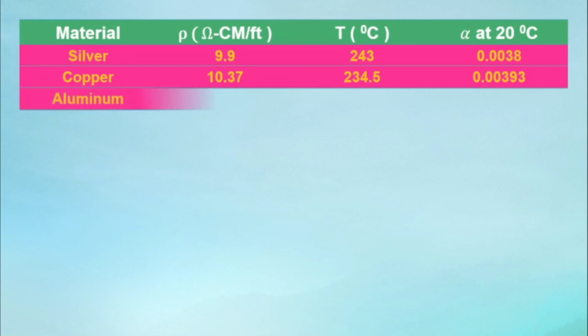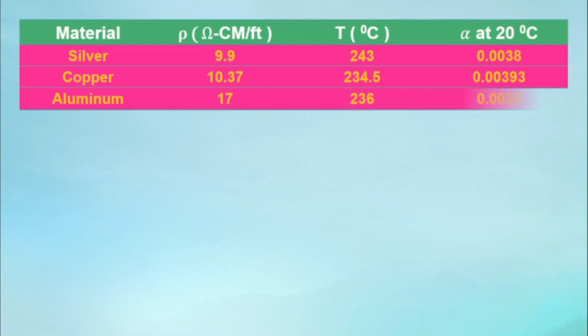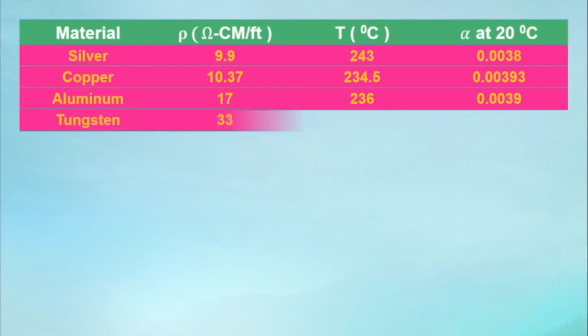Aluminum with resistivity of 17, temperature of 236 degrees C and coefficient of resistance 0.0039. Tungsten with resistivity of 33, temperature of 202 degrees C and coefficient of resistance 0.0045.